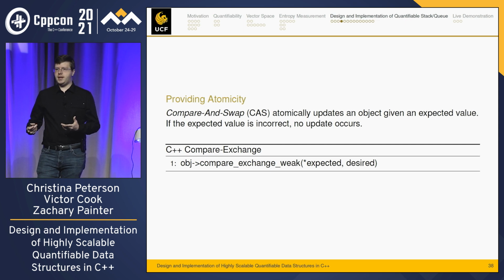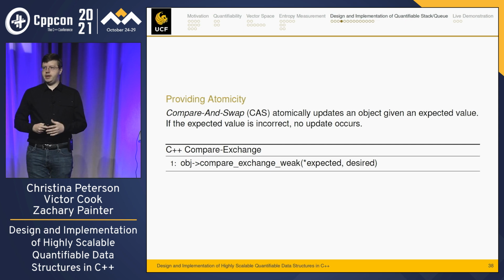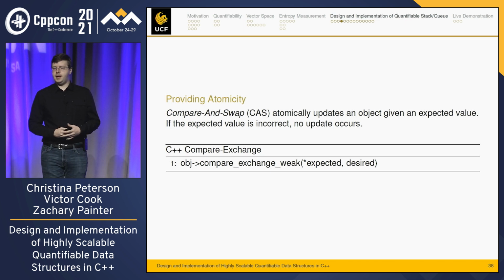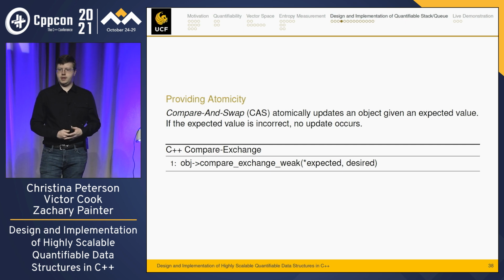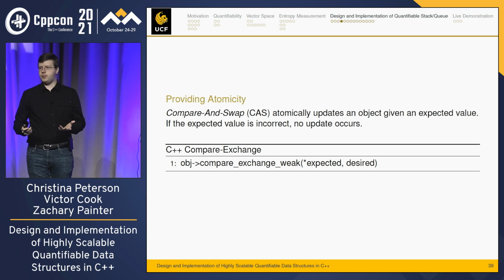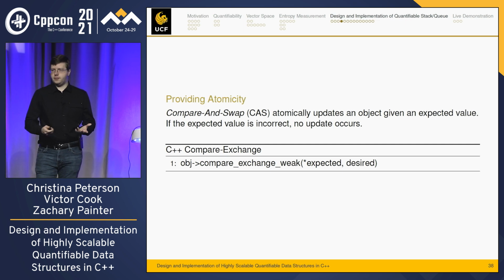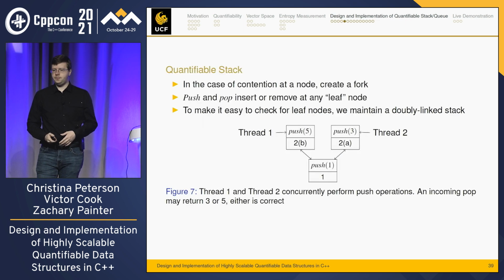It'll pass in the value that it read, and if that value has changed because another thread came in and did an update first, then the compare and swap will not succeed. That's the way compare and swap is typically used, and it ensures that any operations threads perform occur atomically and are based on the correct values that were read in the memory location.